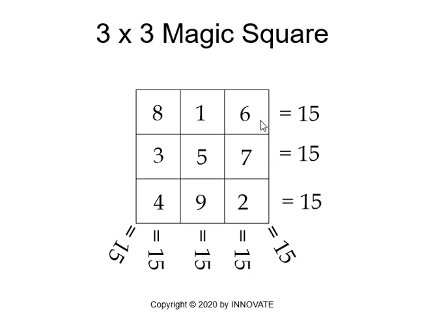And this column 6 plus 7, 13 plus 2, 15. 1 plus 5, 6 plus 9, 15. And 8 plus 3 plus 4, 15. So the sum of every row, every column, and every diagonal is constant and is equal to 15. And I've shown you the equation, m is 15, because we started with the sequence 1, 2, 3, 4, 5.